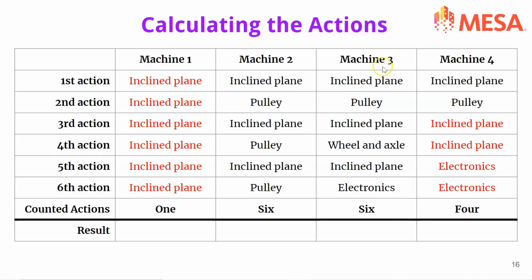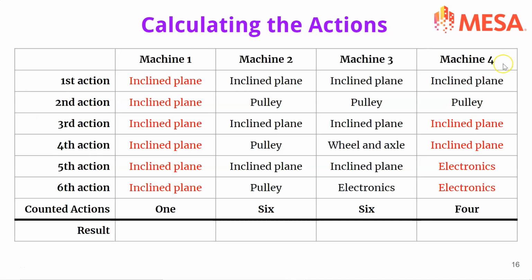For the third Mason machine, because it continues the process of alternating between one different thing to another, when going from one action to the next, there will also be 6 actions that count for the student.